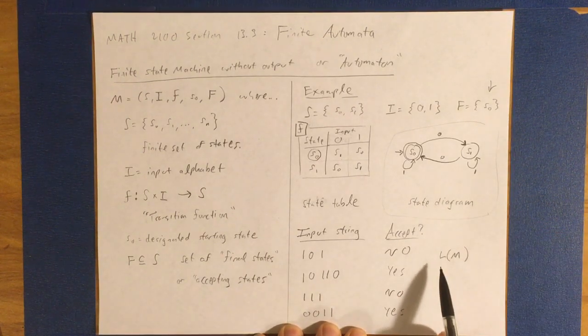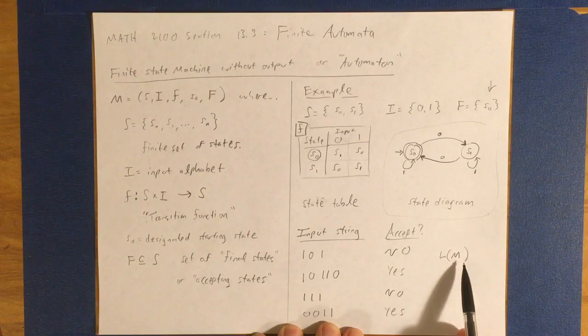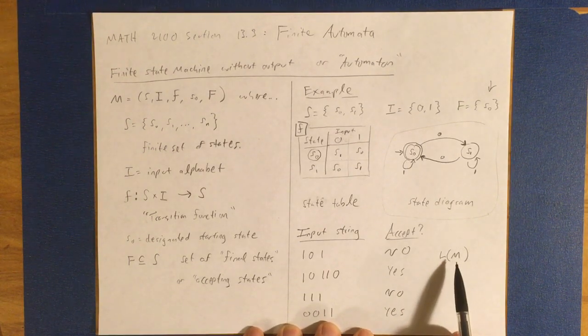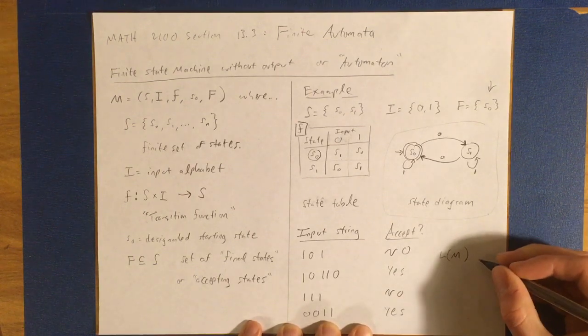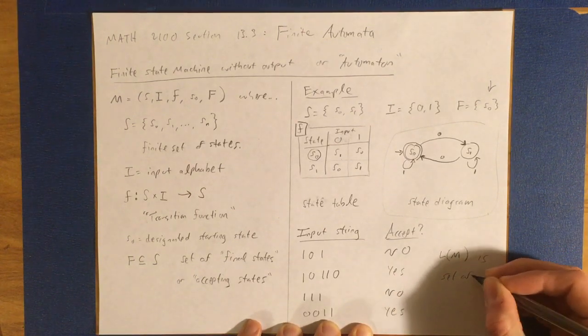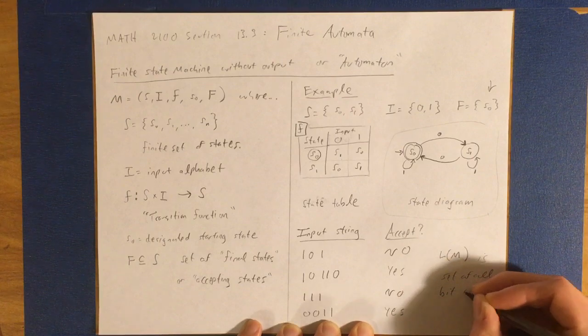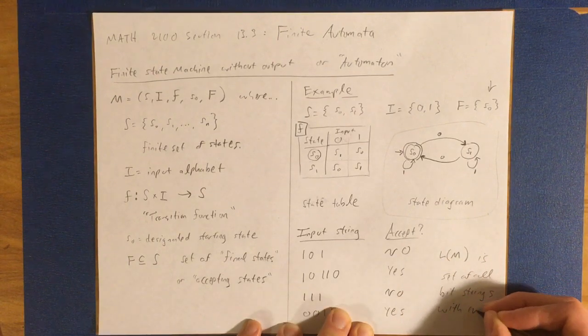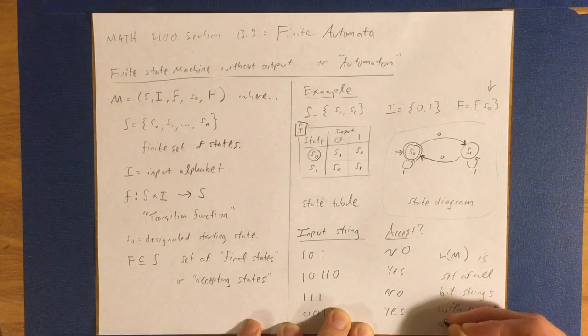And just like with a grammar, we'll do L of the structure, the language generated by this structure. So we did L of G for grammars. Now we're going to do L of M for machines. In this case, L of M is the set of all bit strings with an even number of 0 bits.